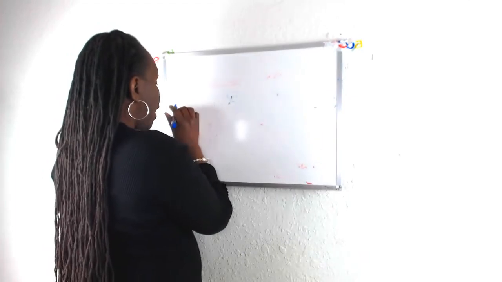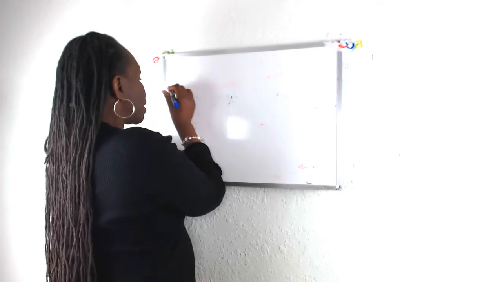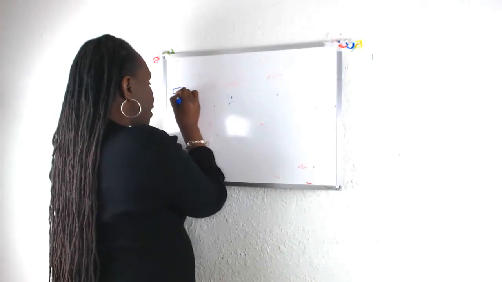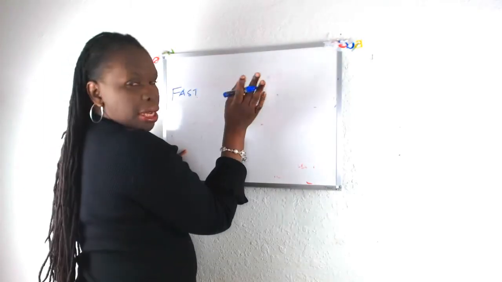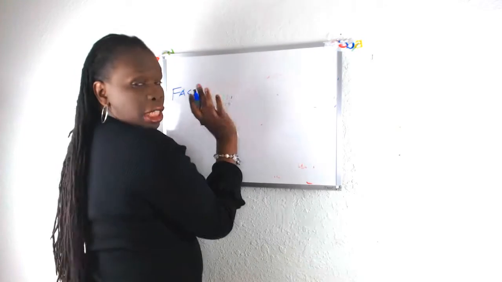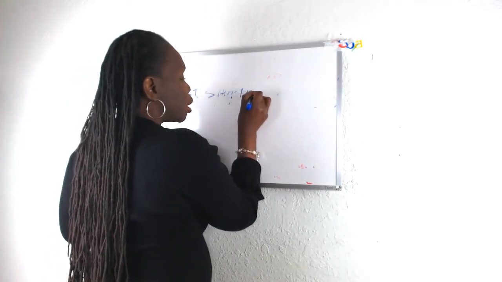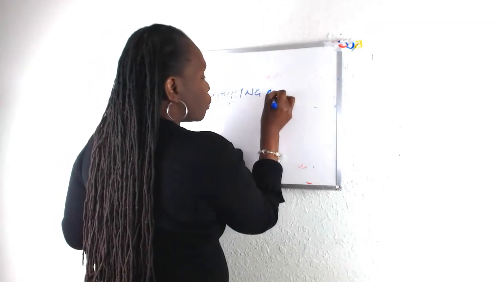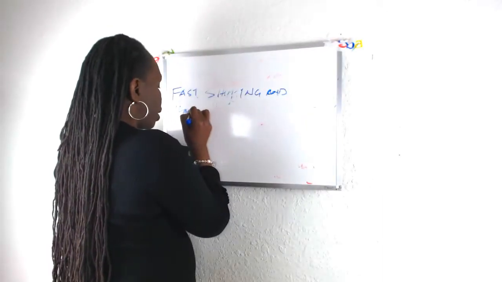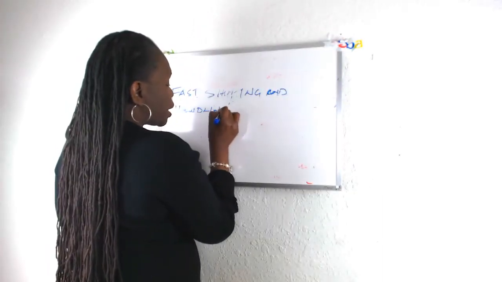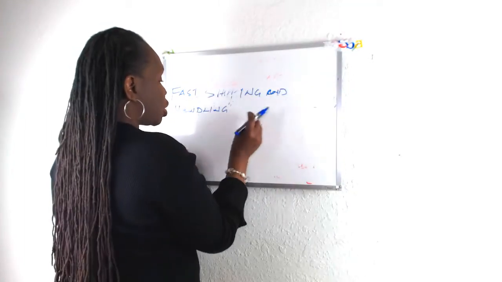So right below the measurements, what I normally write is fast shipping and handling. If it's priority, I will say fast priority shipping.